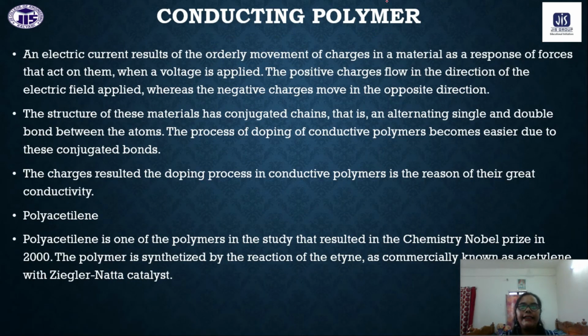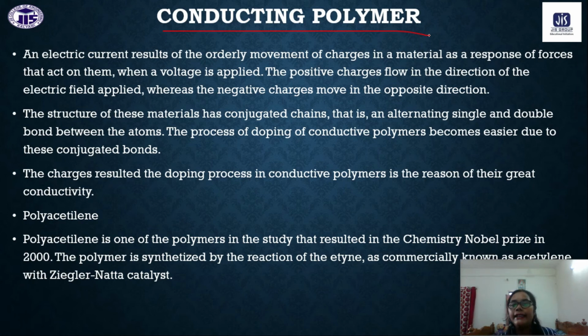Next we will see what are the conducting polymers. Conducting polymer generally means which can conduct electricity. So while we have this conduction of electricity, that means we should have extra electrons. Okay, so conducting polymers are generally unsaturated molecules.